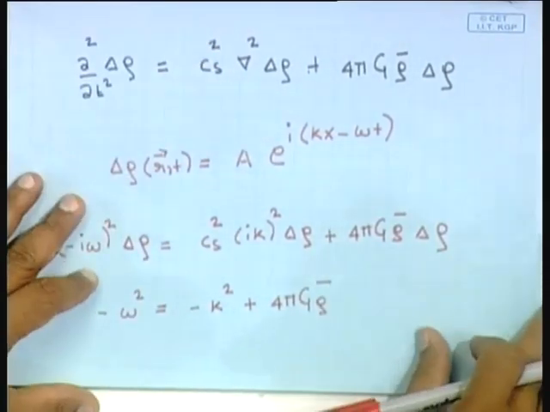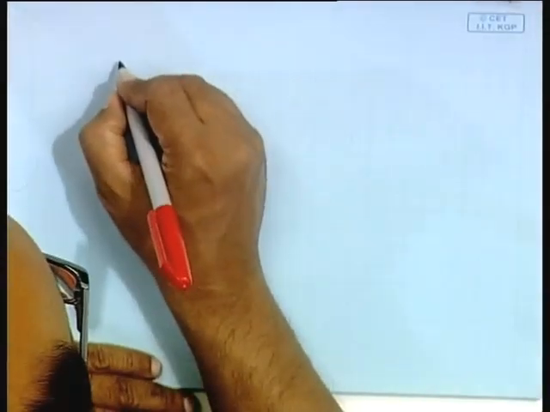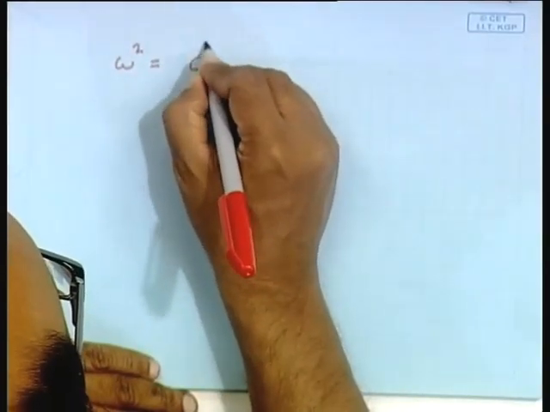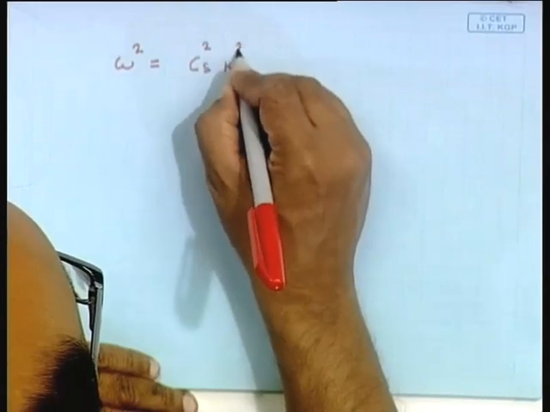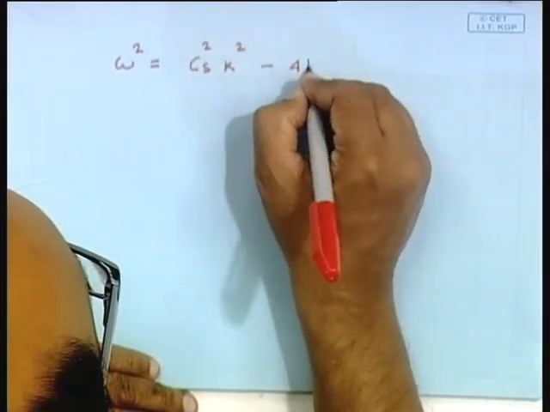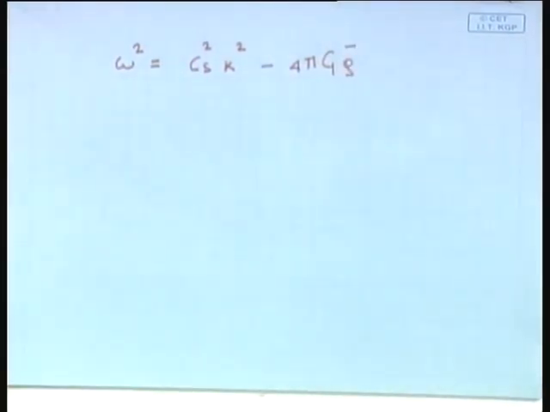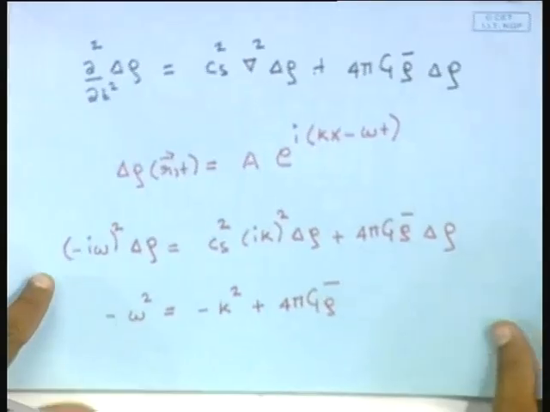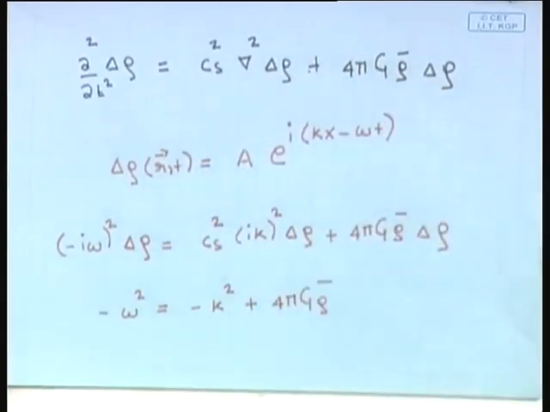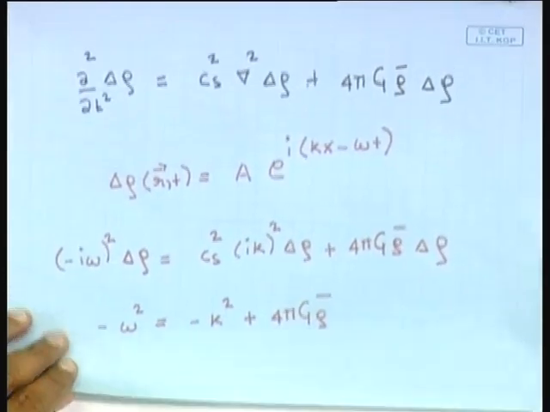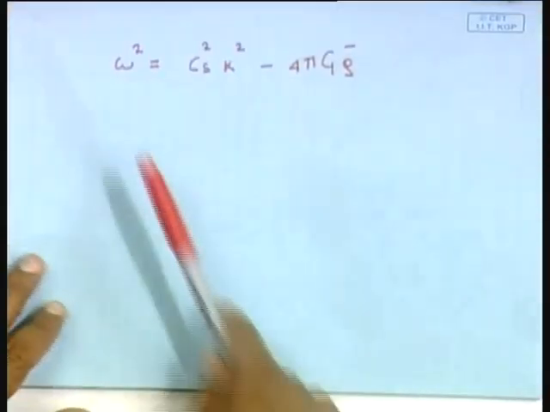So you are led to a dispersion relation. Let me write down the dispersion relation. Omega square is equal to Cs square k square minus 4 pi g rho bar. So we are looking for solutions to this partial differential equation, and we have taken a trial solution which is a plane wave like this, and we have now obtained the dispersion relation for this plane wave.